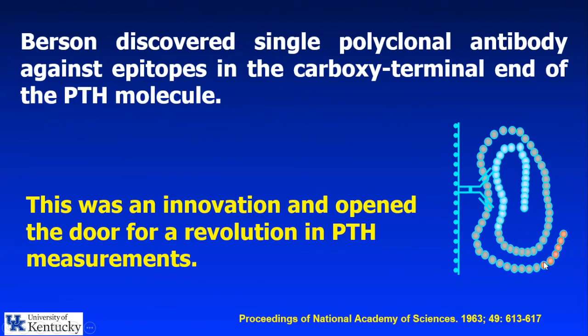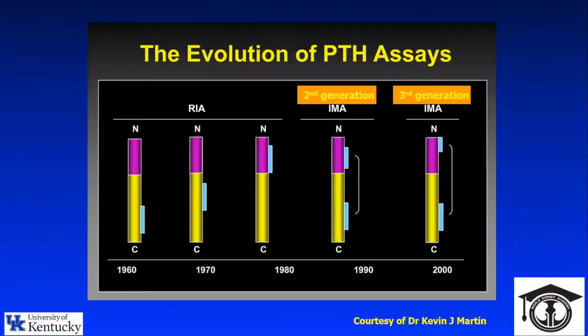Most important are the first 6 or 7 amino acids in the N terminal. And again, it's polyclonal, so it wasn't very specific. But at least it opened the door for the PTH. It was very innovative at that time, but it wasn't very sensitive.